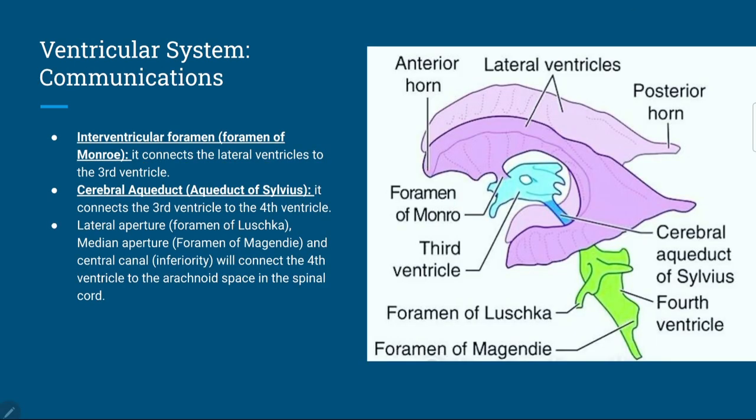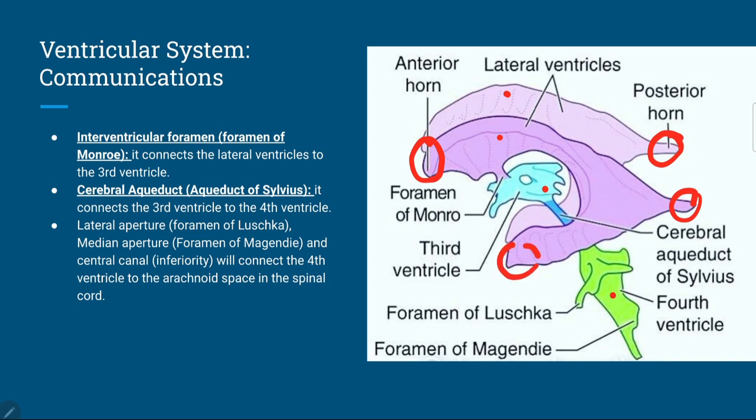So let's look at the communications. Again, you have the entire ventricle system in front of you. These two are lateral ventricles, this is the third ventricle and this is the fourth ventricle. How do they communicate? We're going to look from the lateral view to make it make more sense. This is the anterior horn of the lateral ventricle, the posterior horn right there, and the inferior horn right there.